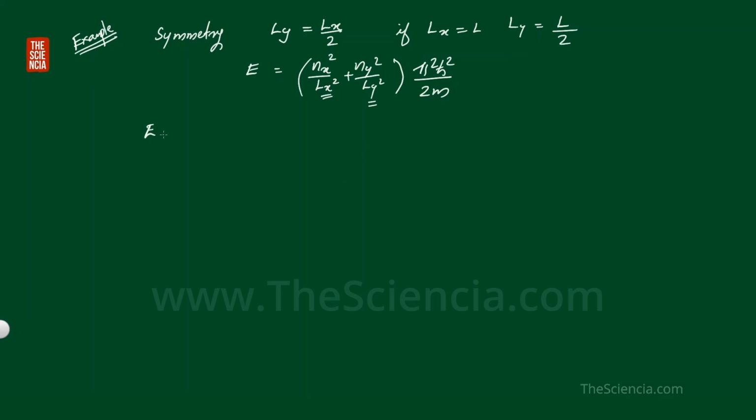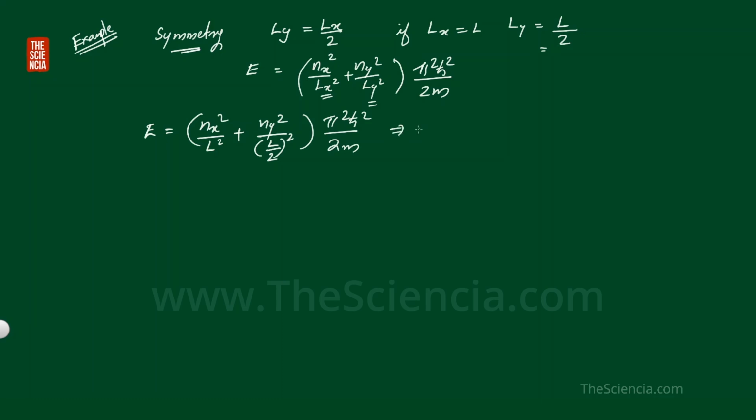So we will get the energy of this symmetric case: E equal to nx square by Lx, Lx is L, that is L square, plus ny square by Ly, Ly is L by 2, so L by 2 all square, into pi square h square by 2m.